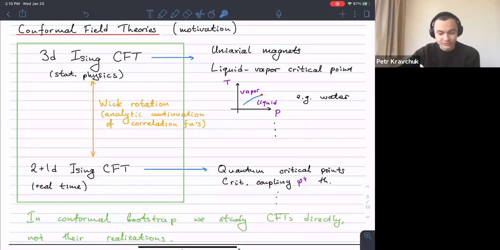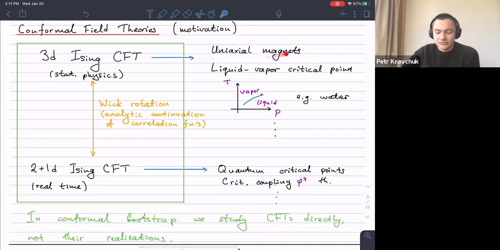In the example of the 3D Ising CFT, you can think about this 3D Ising lattice model as a model of uniaxial magnets in which spins can only lie along one fixed axis. And it turns out that you don't necessarily have to use the Ising lattice model. You have some freedom in perturbing this lattice model. You can consider other lattices and so on.